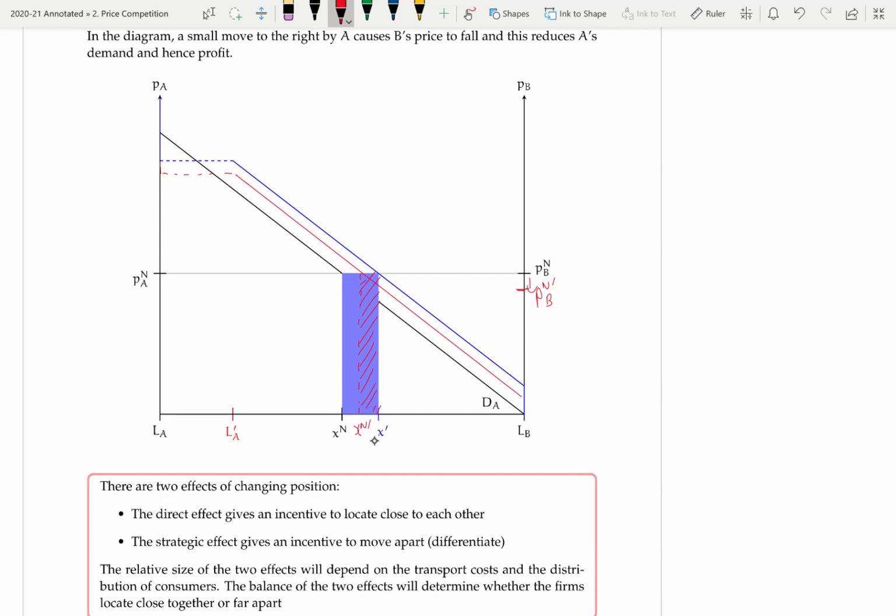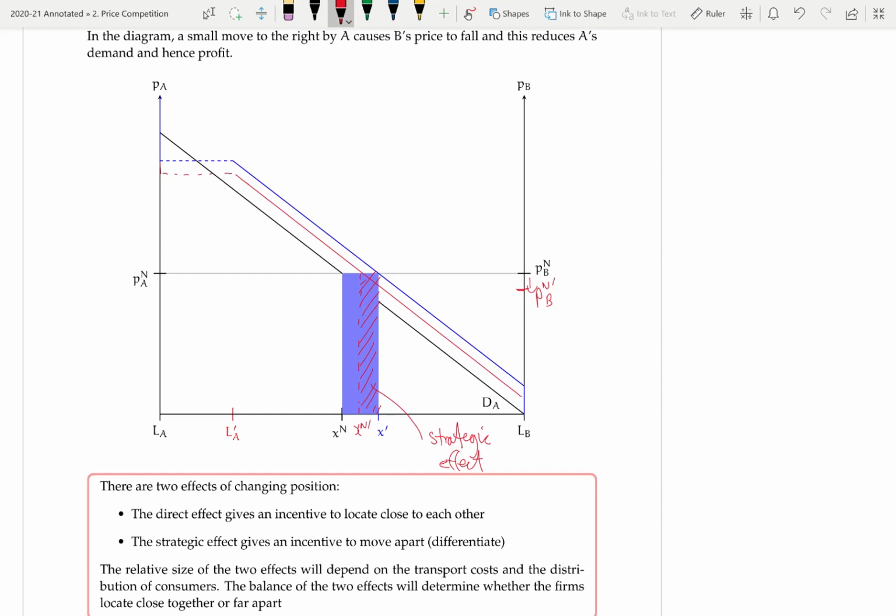But the reduction here in profit from the strategic effect is less than the increase in profit from the direct effect in this case, and so it would be profitable here for firm A to move to the right. So this red area is the strategic effect. I should emphasize here that we're looking at a small change in location, but I've drawn it as quite a large change just so we can see the areas in the diagram.